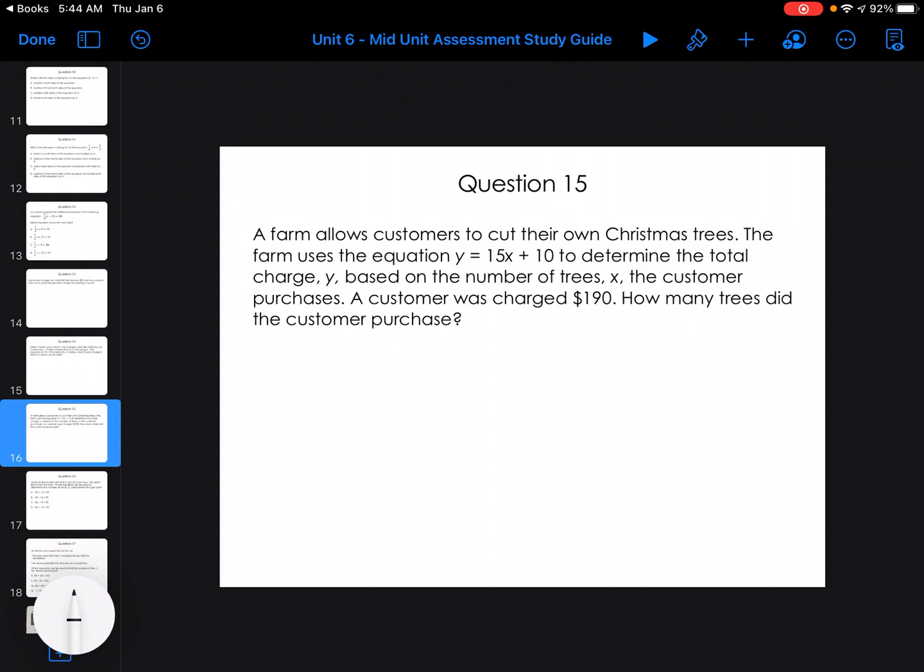A farm allows customers to cut their own trees. The farm uses the equation y equals 15x plus 10 to determine the total charge, y, based on the number of trees, x, the customer purchases. A customer was charged $190. How many trees did they purchase?